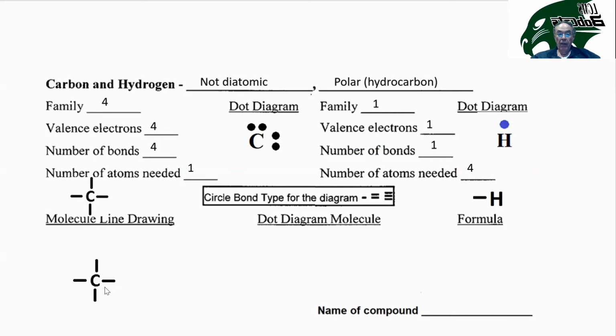Okay, so to make our molecular drawing, we're going to start off with the carbon that we picked. We're going to hook on a hydrogen, another hydrogen, another hydrogen, and another hydrogen. And that's the 4 hydrogens that we would predict we would need, and 1 carbon.